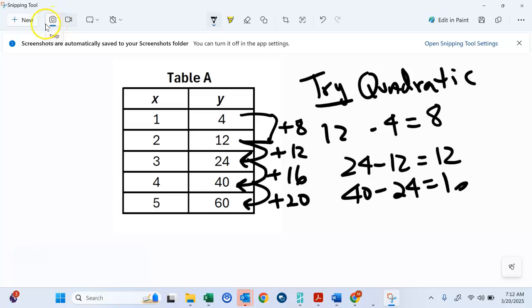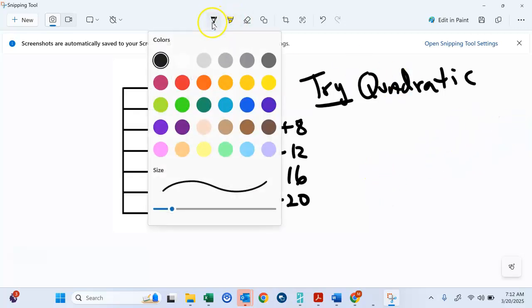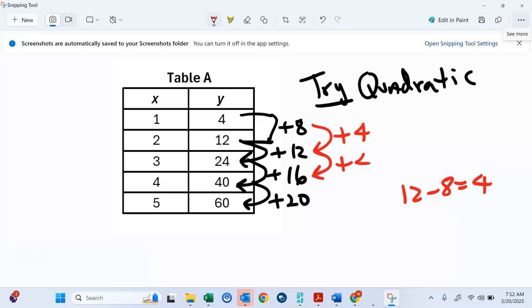So what do we have to do? Let me get my eraser here and do some erasing so we have some room. So now let me try a different color pen. Now we're going to go here. What's the difference there? 12 minus 8 equals 4. So that's plus 4. And then plus 4.